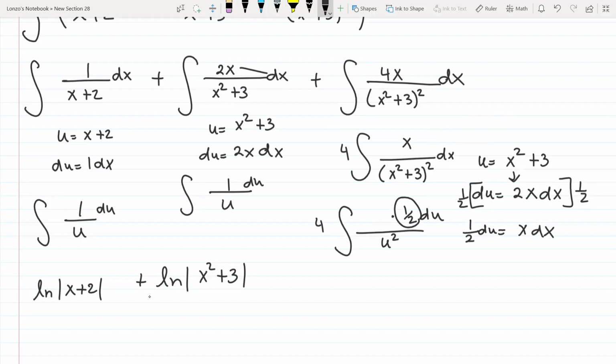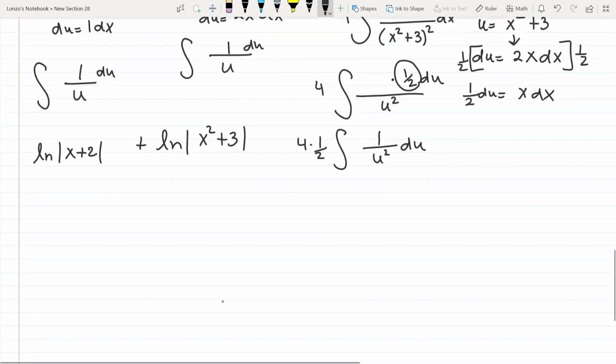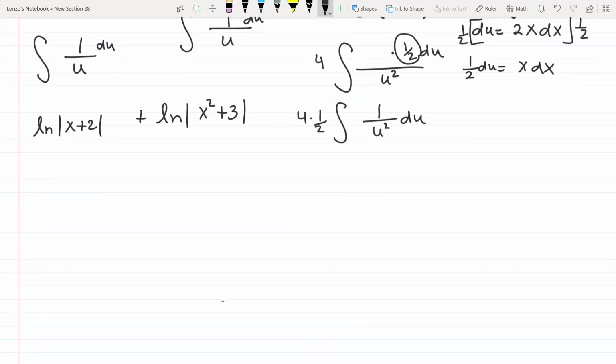Take out this 1/2. This is 4 times 1/2 over 1 over u squared du. 4 times 1/2 is 2. 1 over u squared is u to the negative 2 du. And the integration of u to the negative 2 is, negative 2 plus 1 is negative 1.